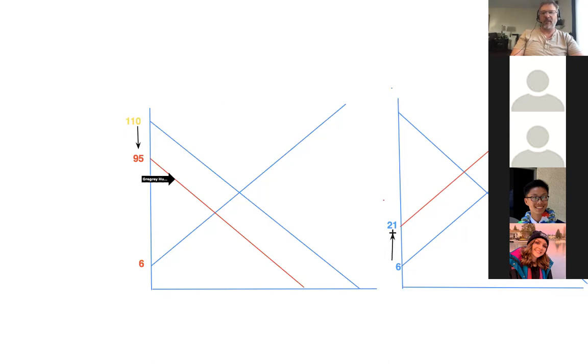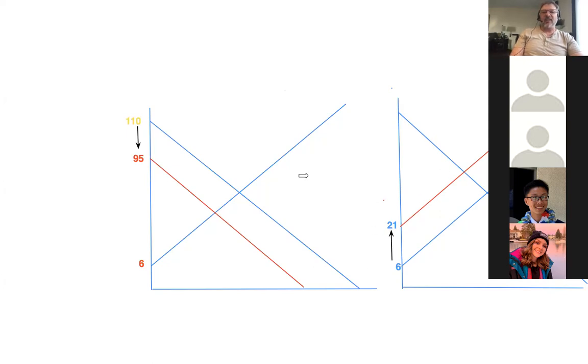So we moved it up by the amount of the tax, right? And you with me, Ricardo? Yeah. So this means that, again, this gap between these two parallel lines is the amount of the tax everywhere, okay?